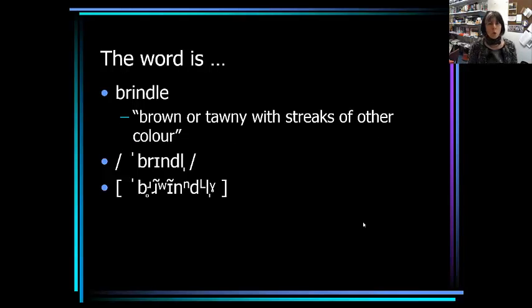Okay, so the word is "brindle," and I've got lots of opportunities for showing interesting things going on with the articulation. For example, I can show the anticipatory movement of the tongue towards just behind the alveolar ridge there, while my lips are closed. I could also show labialization during the production of the R sound itself.